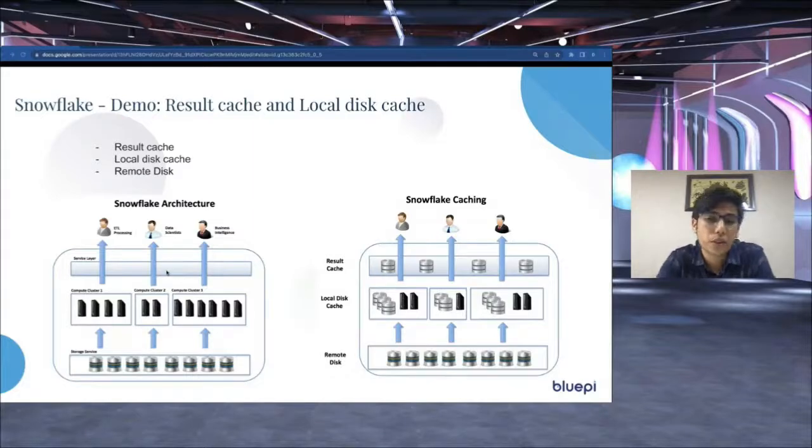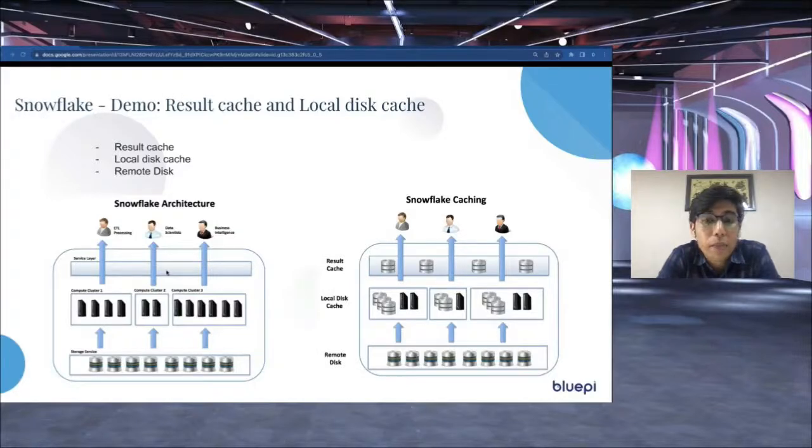Local disk cache is implemented by the compute layer in Snowflake. As I said, the compute layer is nothing but a combination of virtual warehouses, and they also have clusters within them, which are nothing but machines, and they have SSD storage. So they also have their own storage. Till the time they are up, they store data within themselves as well.